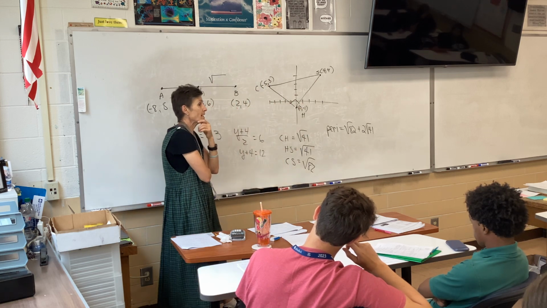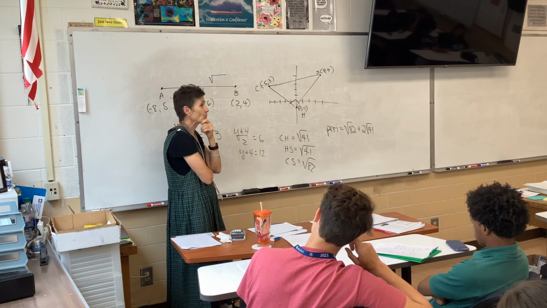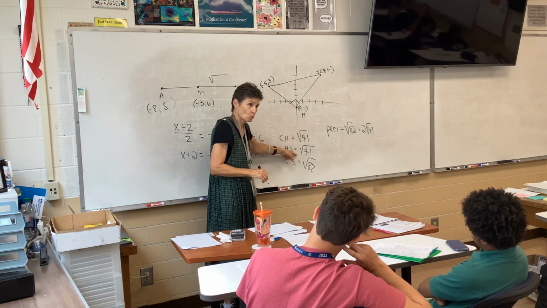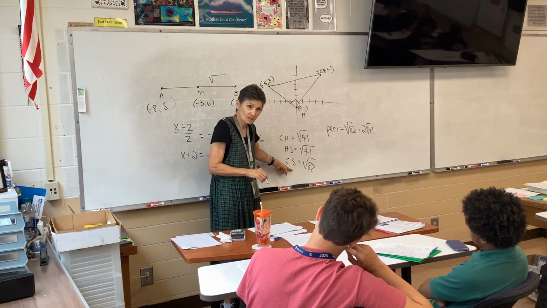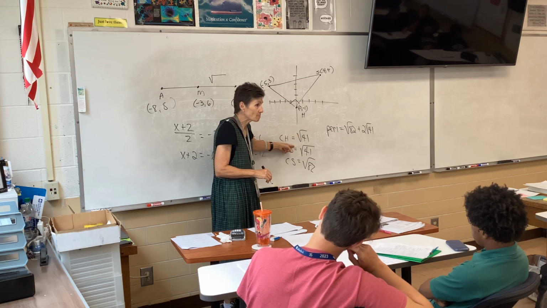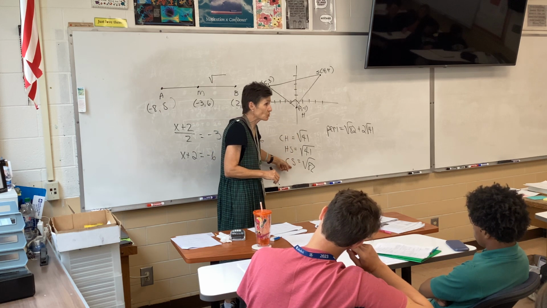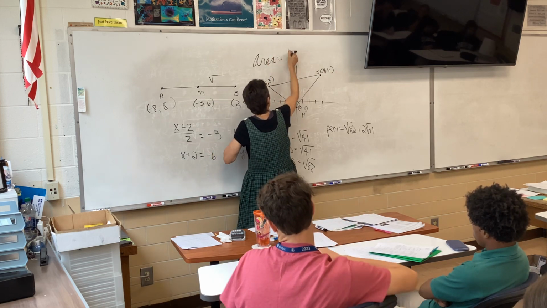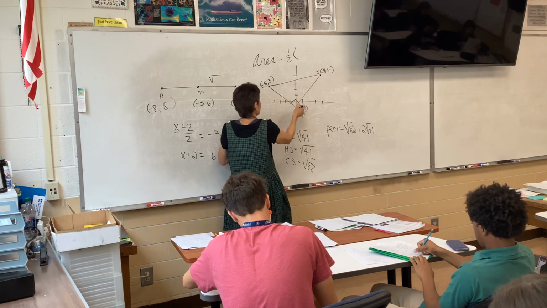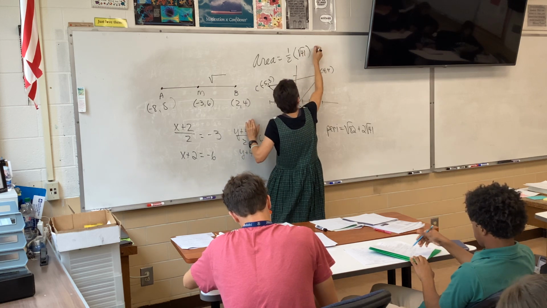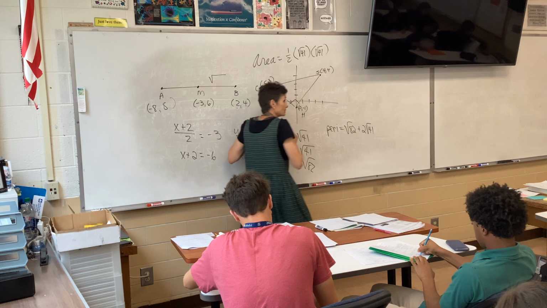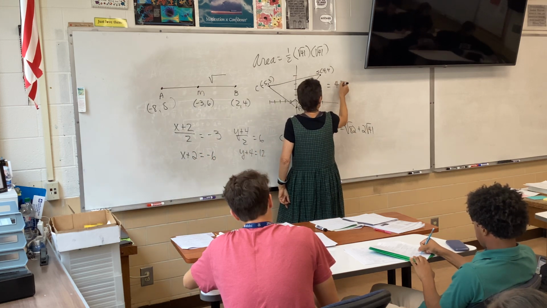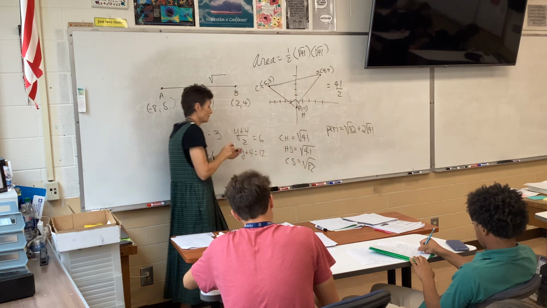It's a right triangle because the Pythagorean theorem works. If you squared that and squared that, doesn't it add up to this squared? So a squared plus b squared equals c squared. So that's a right triangle, and the area will be 1/2 base times height. So the area of the triangle is 41 over 2.